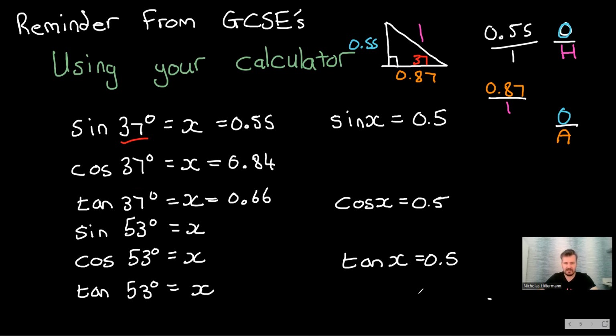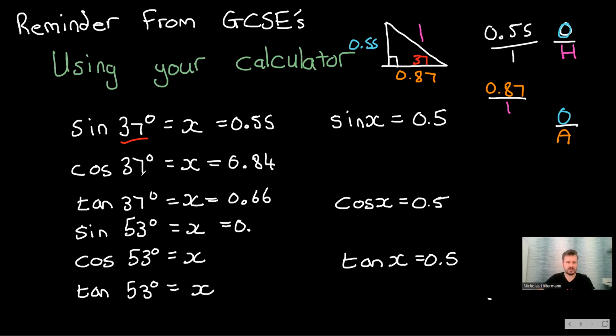Now what's sin 53? 7.4. Nope. Sin 0.7. 0.74. 0.74. That sounds weird.